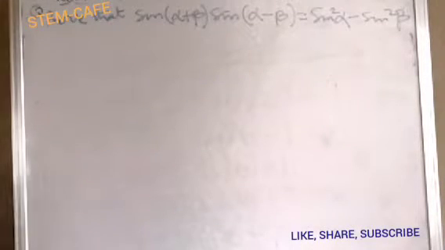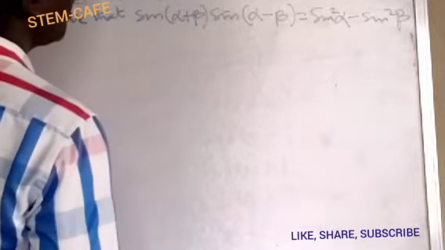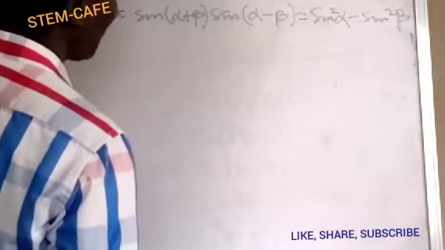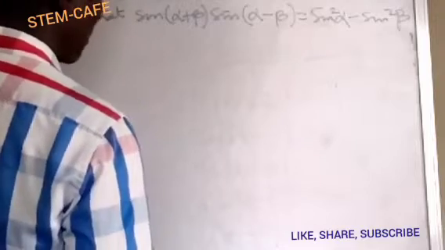Prove that sine alpha plus beta multiplied by sine alpha minus beta is equal to sine square alpha minus sine square beta.